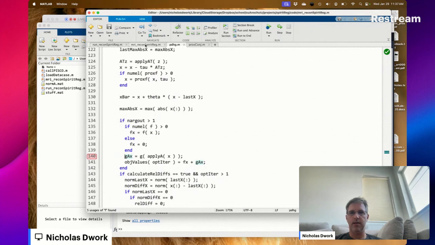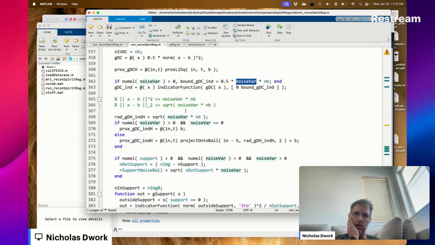So I ask again, what would it take for this indicator function to be 0?